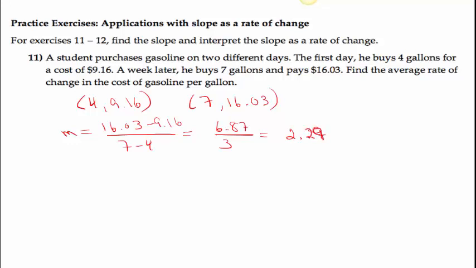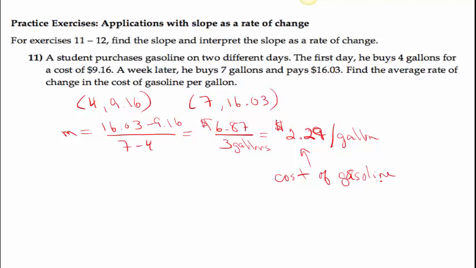And then what does this mean in this case? Again, this was dollars and this was gallons, so this meant $2.29 per gallon. So that was going to be your cost of the gasoline. It was $2.29 per gallon.